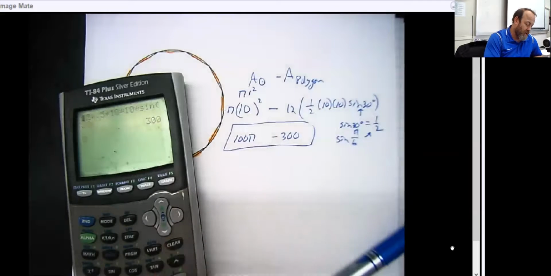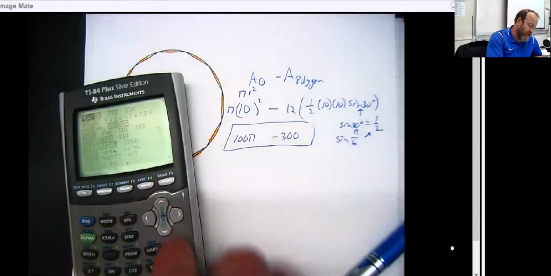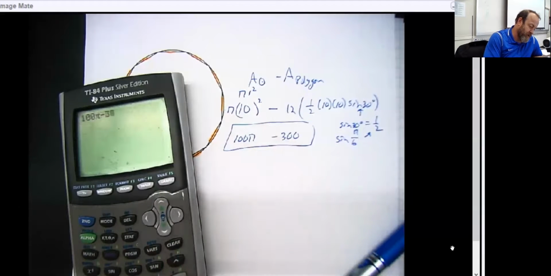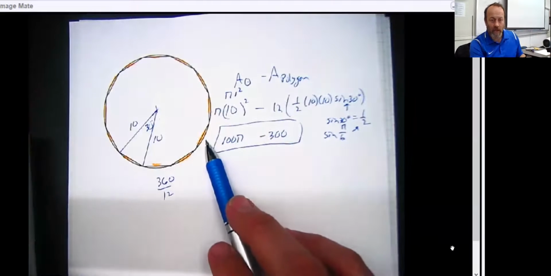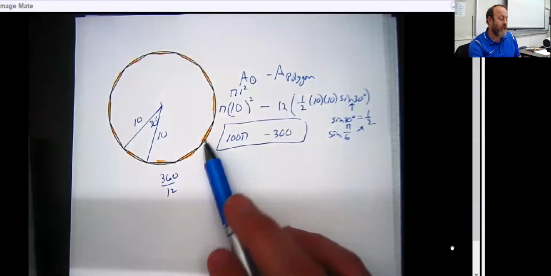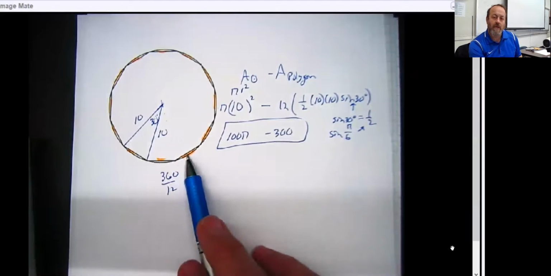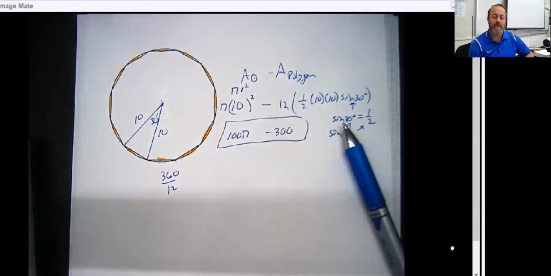And you're going to notice that 100 pi minus 300 is actually not a very large number, but of course we didn't have much area left over in the middle of those two things. And the more sides that you would have in that polygon, the less value that you would have in there.